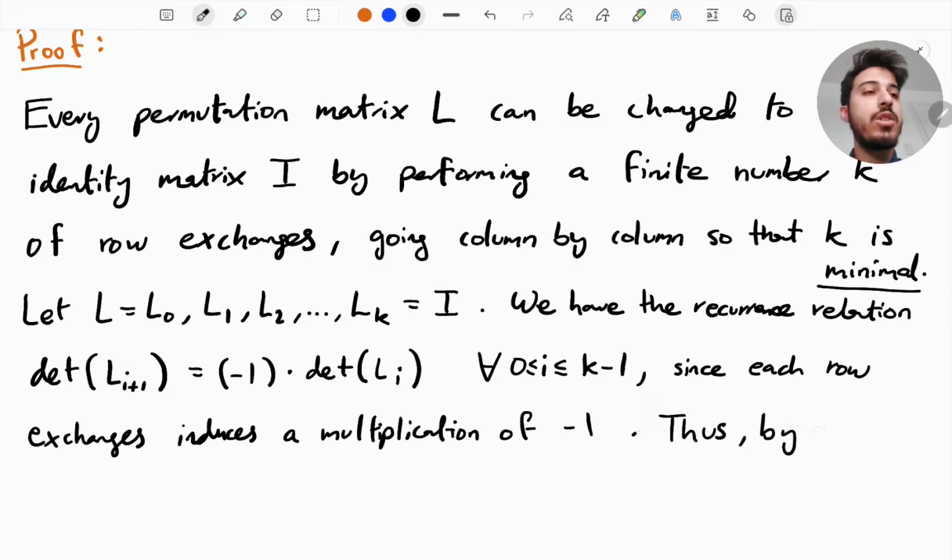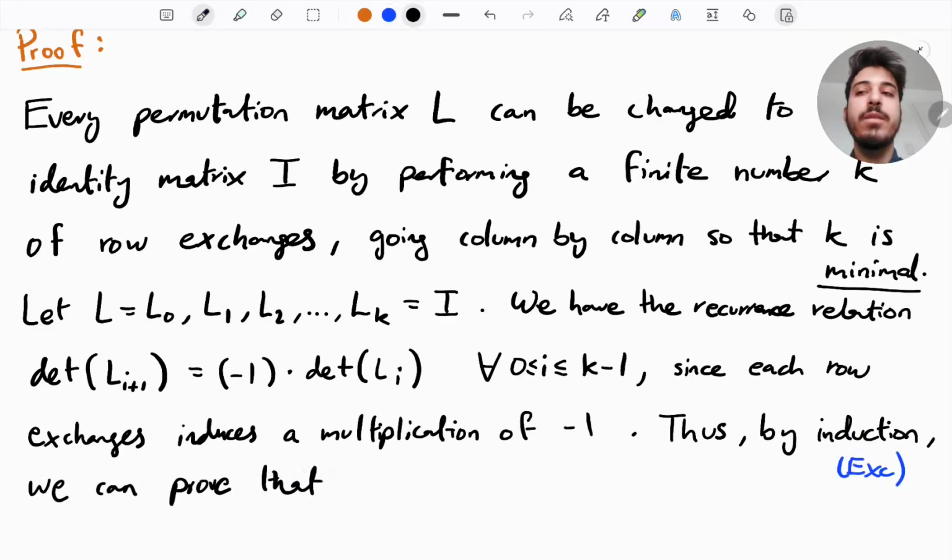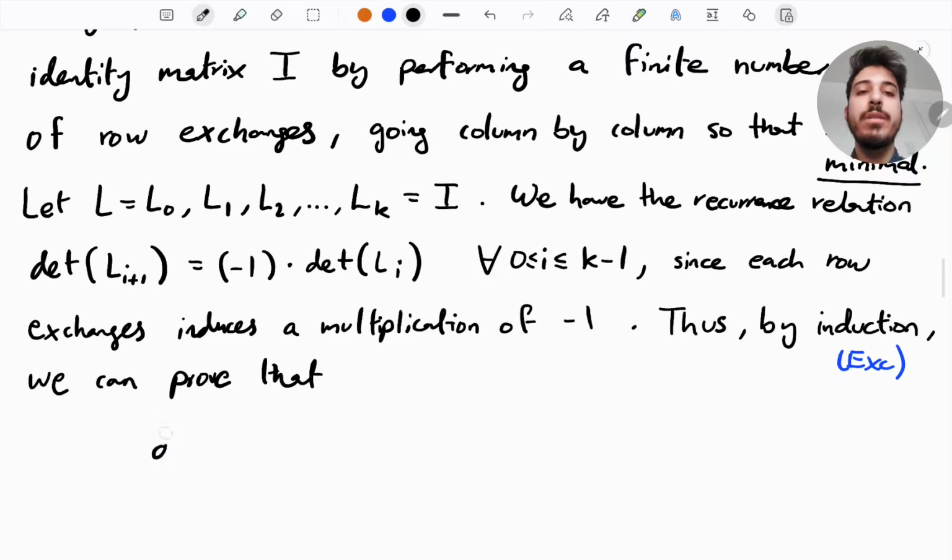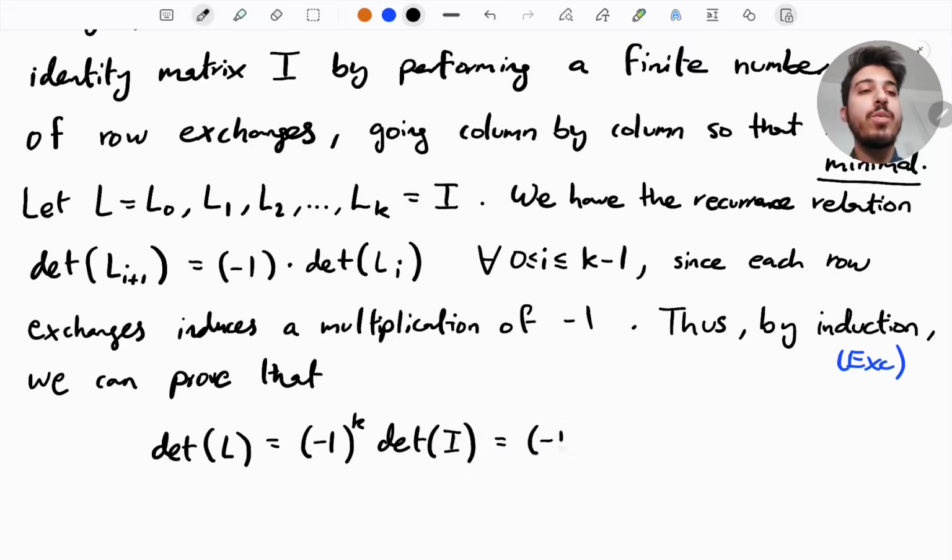Thus, by induction, which I leave to you as an exercise, we can prove that the determinant of L is equal to (-1)^k times the determinant of the identity, which is (-1)^k times 1, which is equal to (-1)^k.